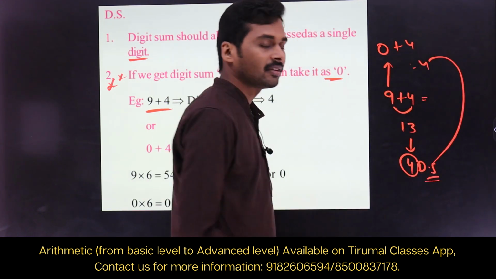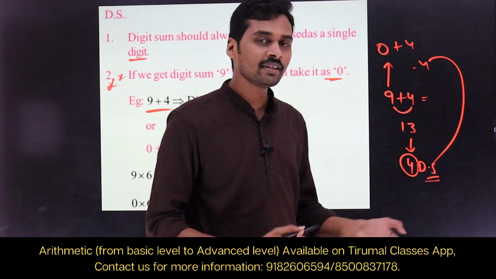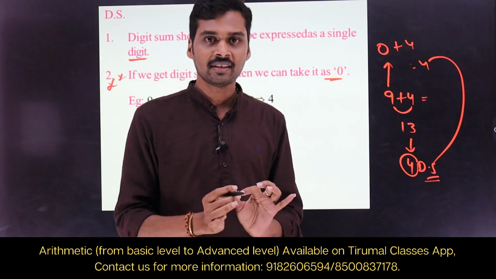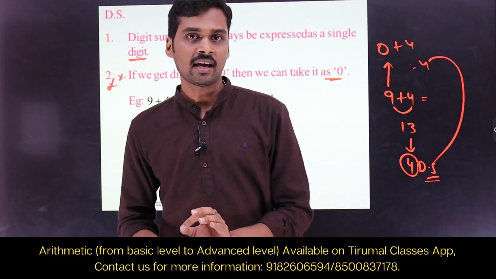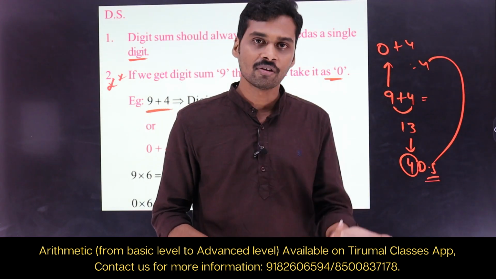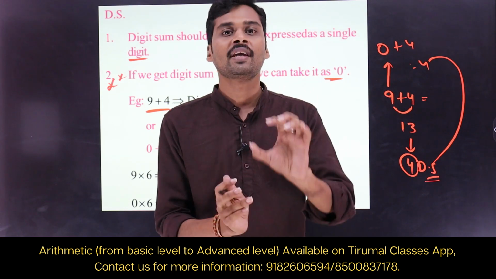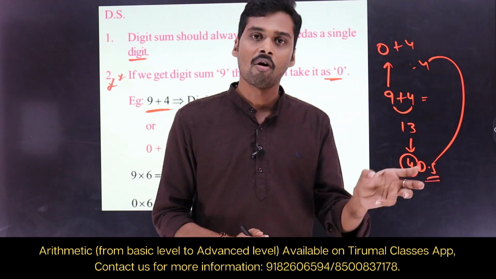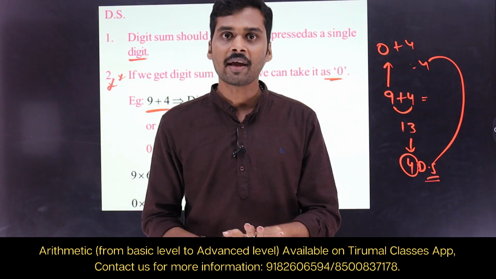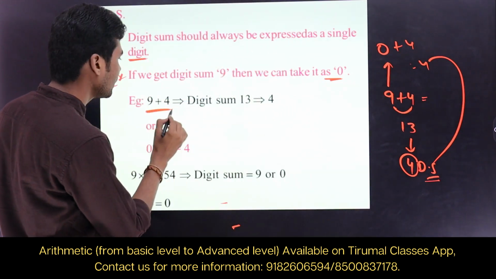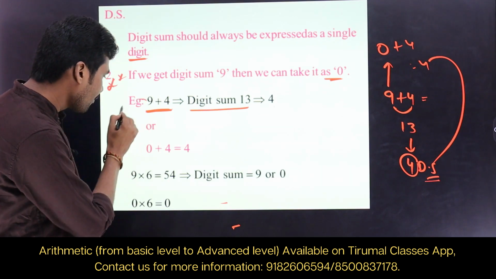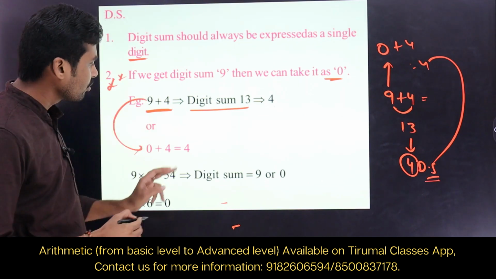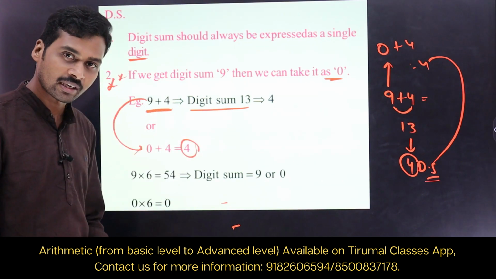We get the same digit sum, right? So the point here is, wherever the digit sum is 9, we can also express 9 as 0. In the digit sum concept, we can express 9 as 0 or 0 as 9. Okay? You remember that point. So 9 plus 4, the digit sum is 4, 13, 1 plus 3 is 4. Instead of 9, I can also take 0. 0 plus 4, still I get the same digit sum, 4, right?